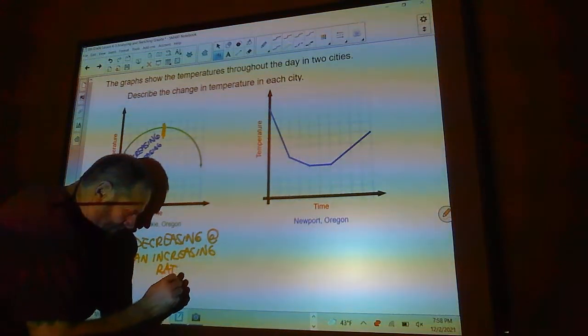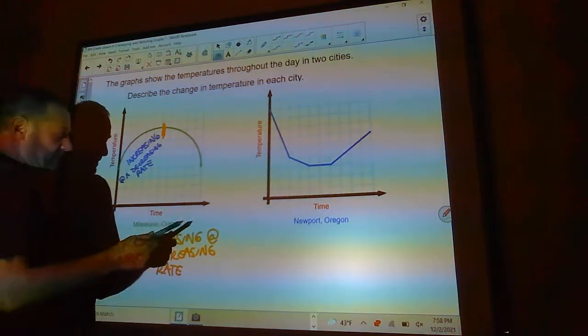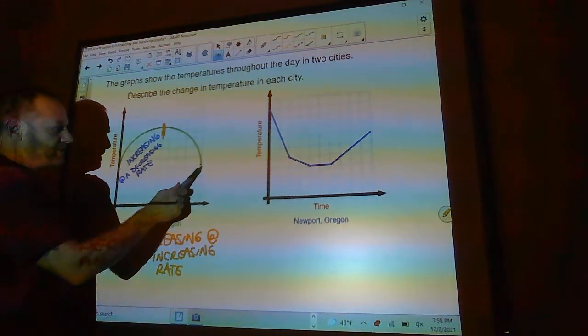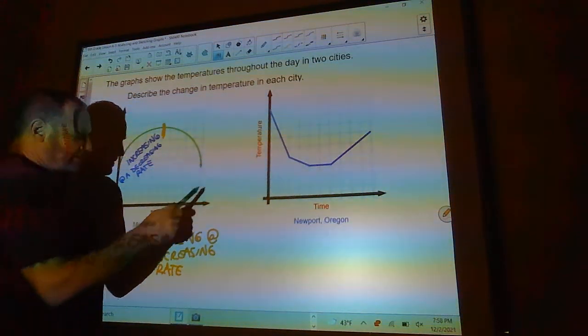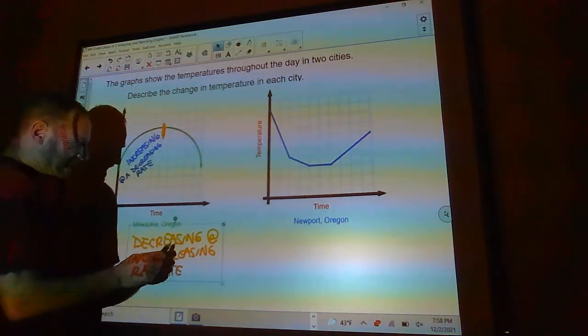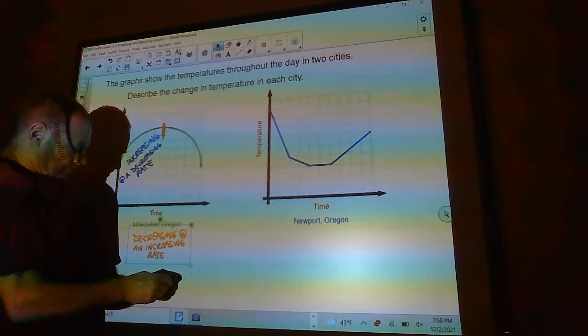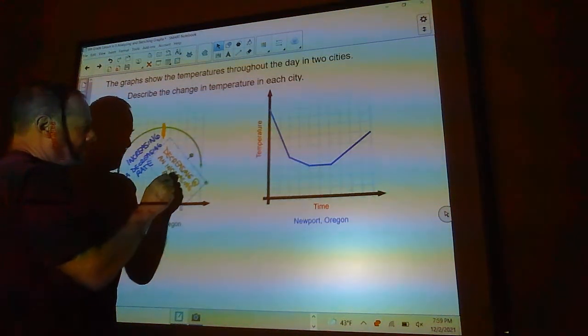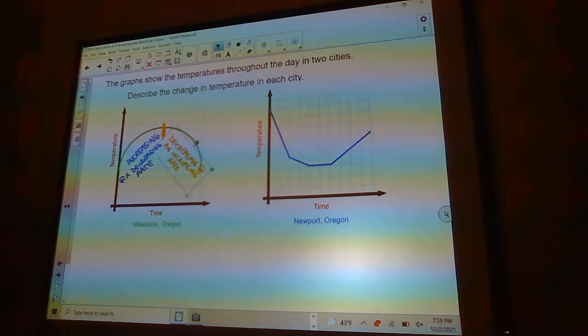How does that work? Well, the temperature's going down, and it's getting a steeper and steeper slope, so it's decreasing at an increasing rate. It's getting colder faster during this time. So there we go.